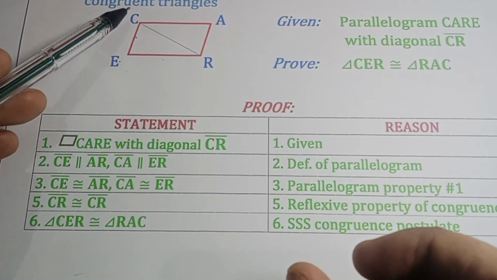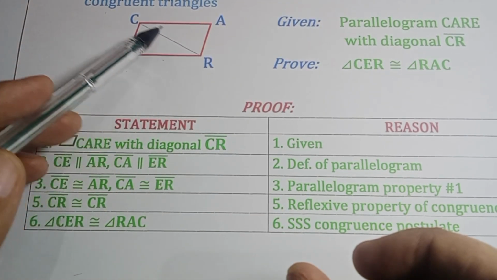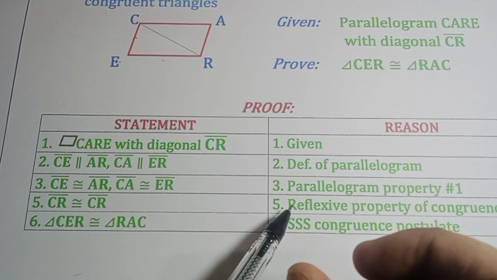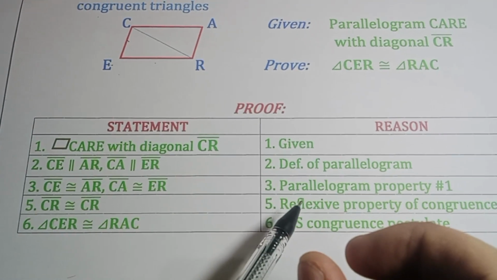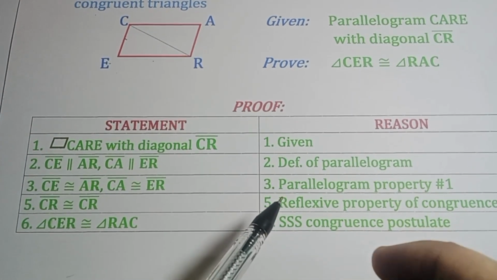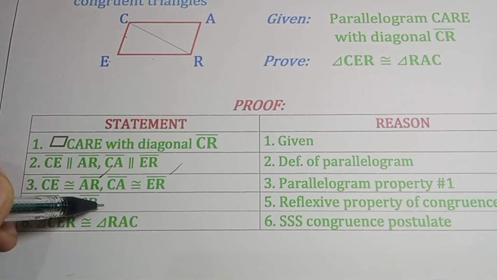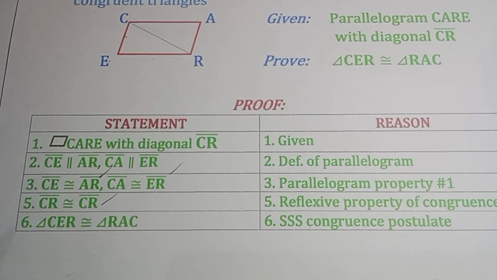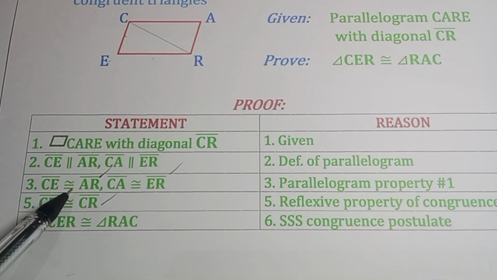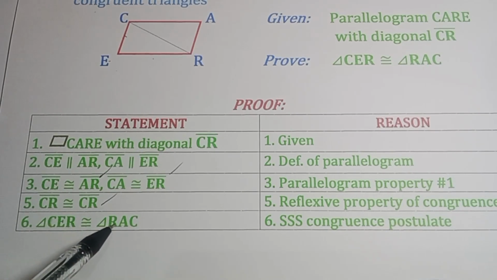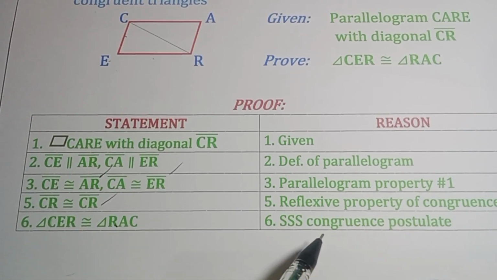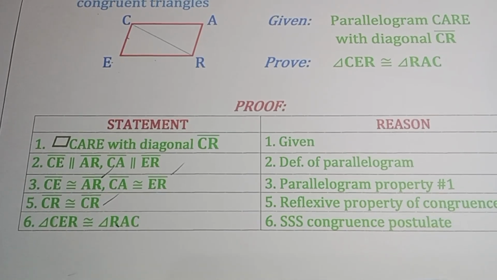Then, since you have this diagonal, CR is congruent to CR, our reason is reflexive property of congruence. Therefore, we already have these 3 corresponding congruent parts. Therefore, these two triangles are congruent by SSS congruence postulate.